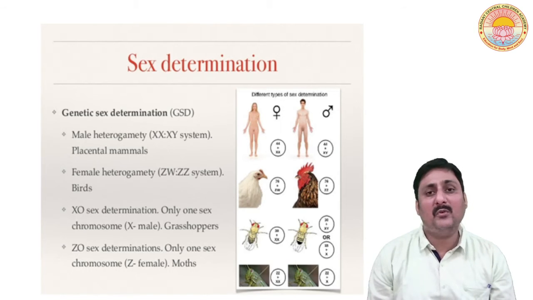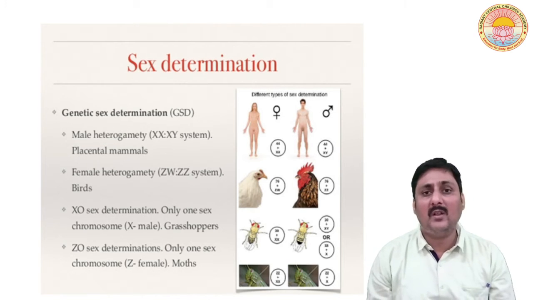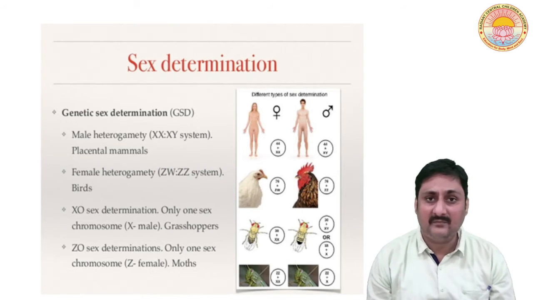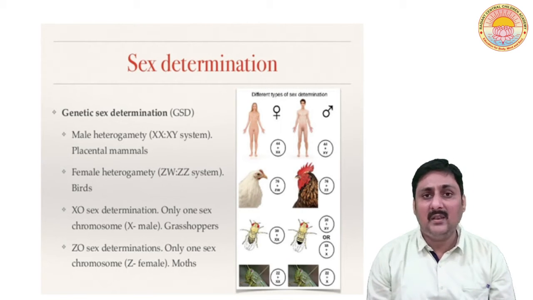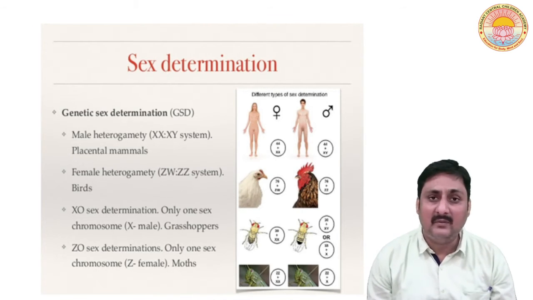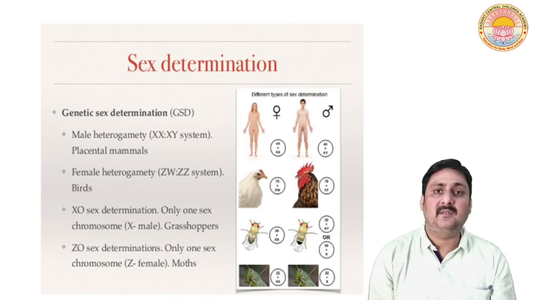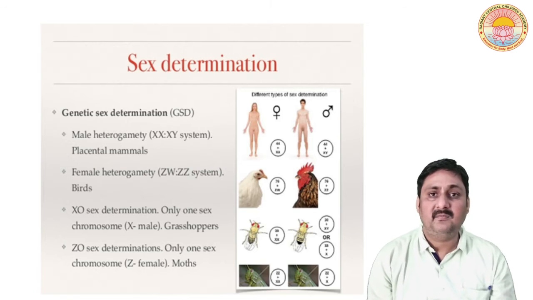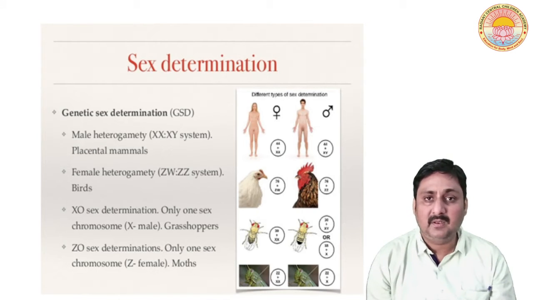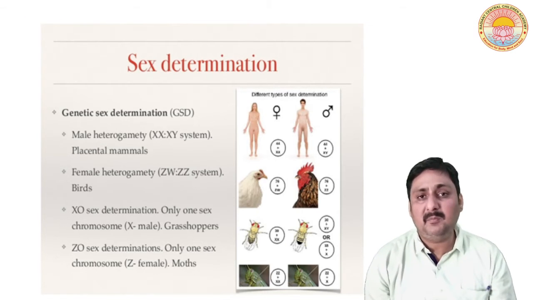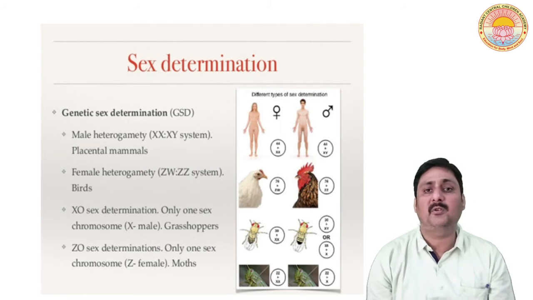You know the process of gametogenesis. What happens in gametogenesis? The total number of chromosomes is halved. Meiosis takes place, which is reduction division, and the number of chromosomes becomes half. That happens in human beings as well as in Drosophila.